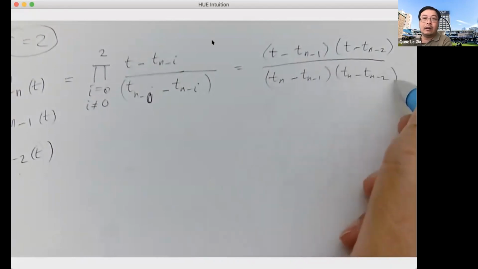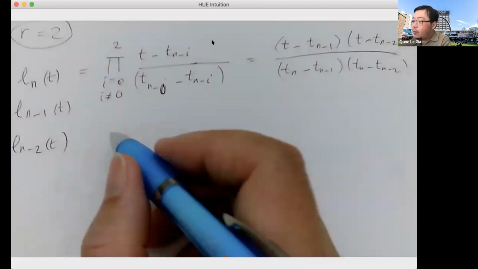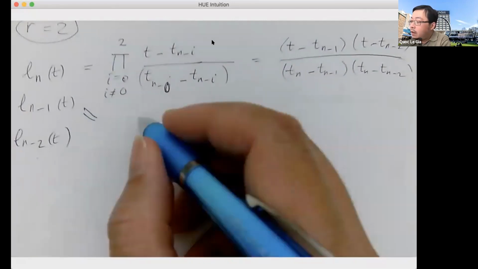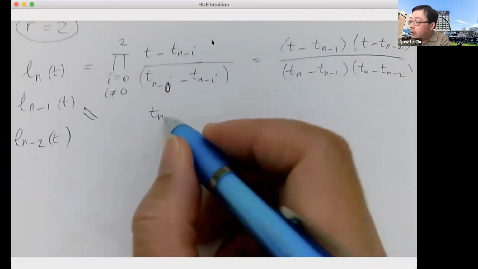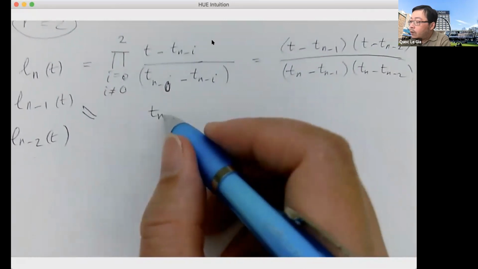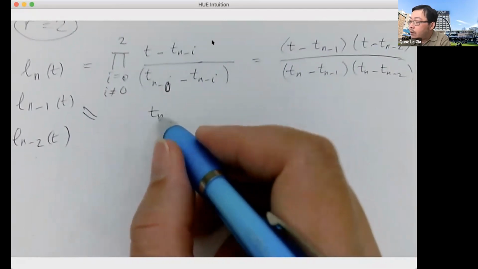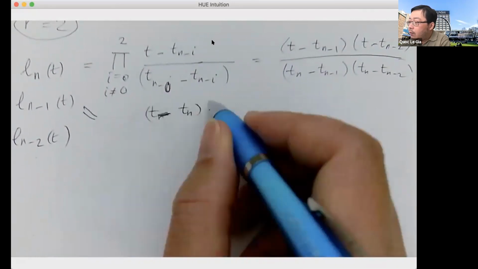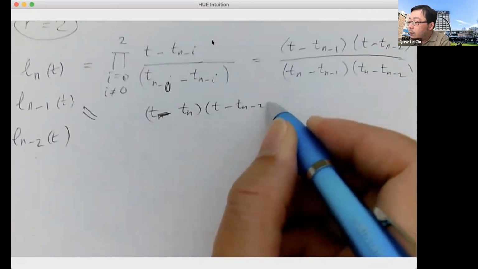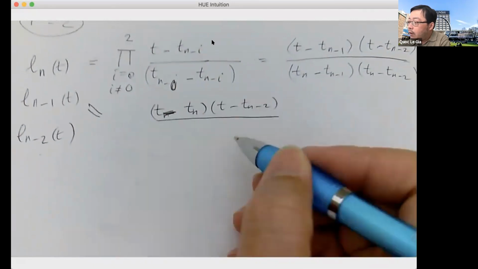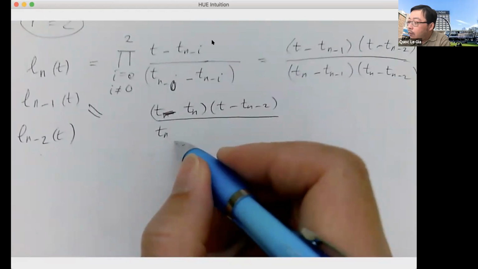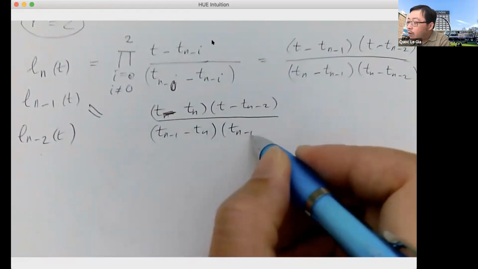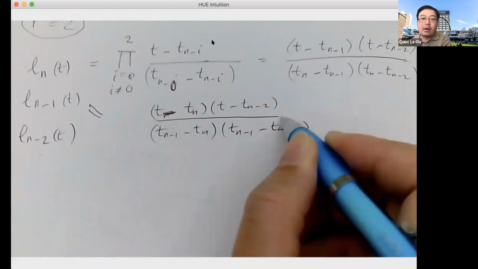And so on. So this one will be t_n, so everything except t_{n-1}. So it may be (t minus t_n)(t minus t_{n-2}) divided by (t_{n-1} minus t_n)(t_{n-1} minus t_{n-2}).